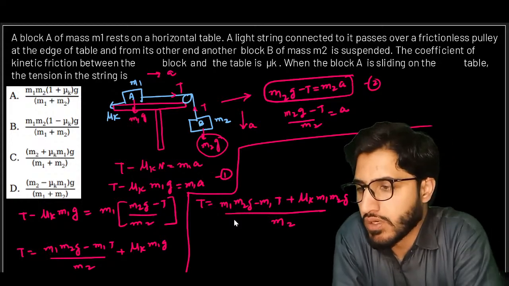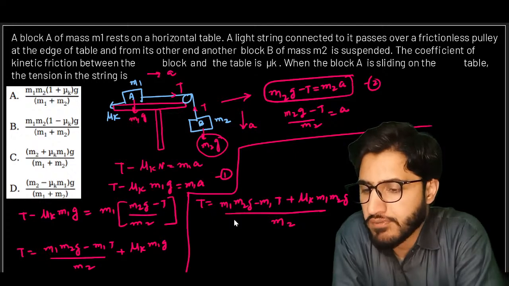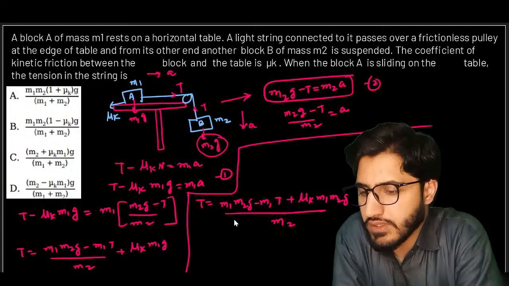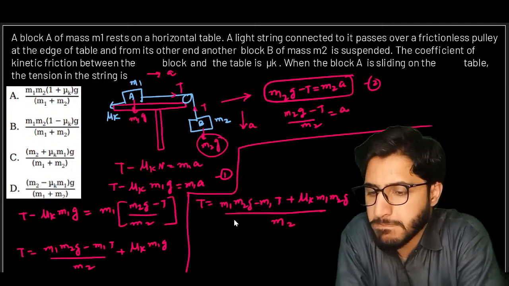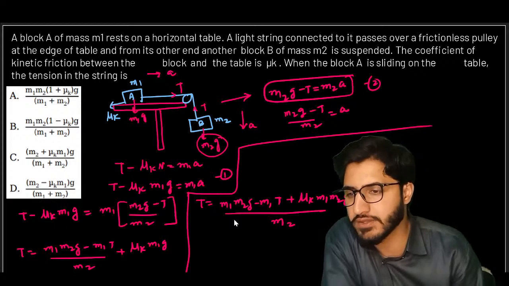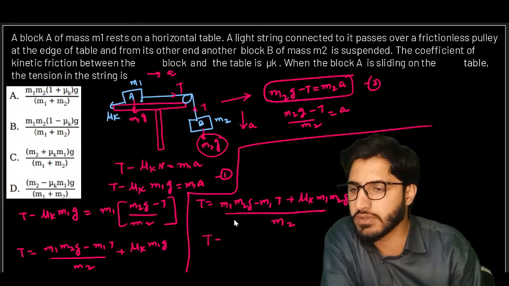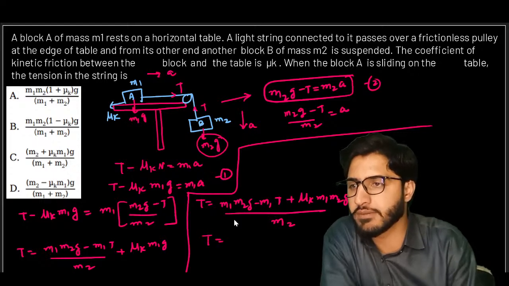Yes or no? Okay. It was M2G minus T equals M2A. So T came out to be... I can transfer T here.